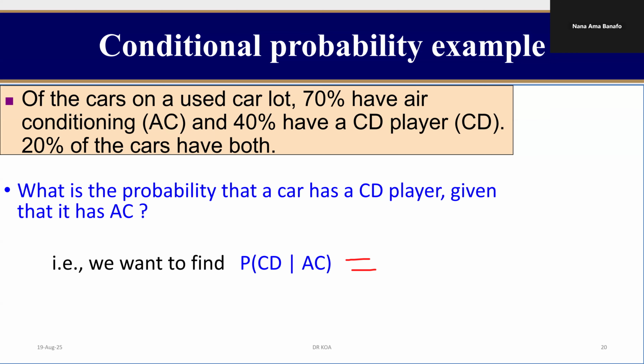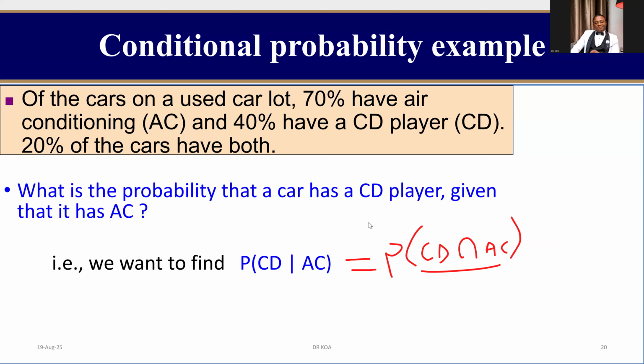Fantastic. Well done. See, you can see that she has eaten before coming here. So it's the probability of CD intersection AC divided by the probability of AC.